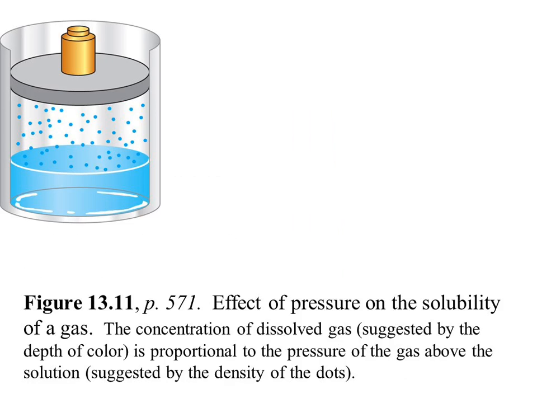So solubility and pressure. This is kind of clever. Basically the gas solute is blue particles. You can see it here as a gas, and you can see some of it is dissolved in the liquid here.